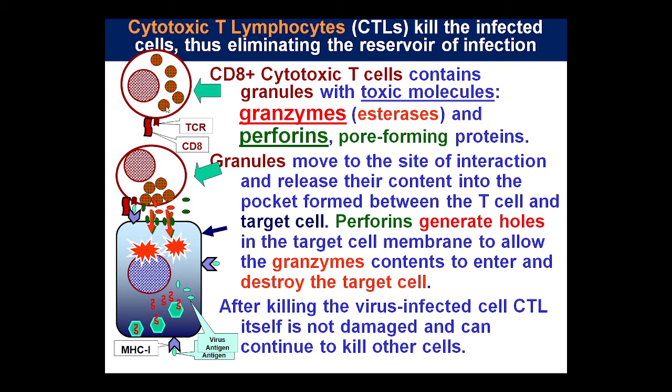After that, the T killer cell will release the content of these granules into the space between the T killer cell and target cell. Perforins, shown in green, will form holes in the membranes of the target cell, and enzymes will be injected inside, causing hydrolytic destruction of nucleic acids and proteins.